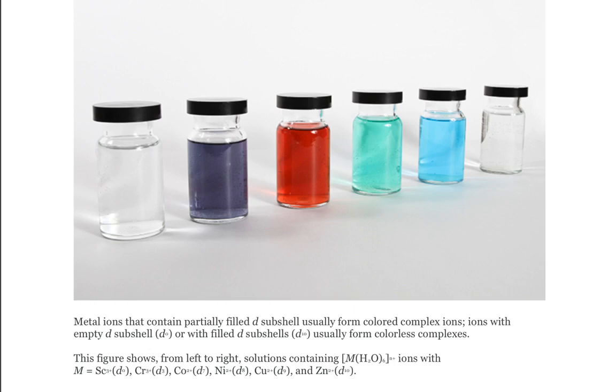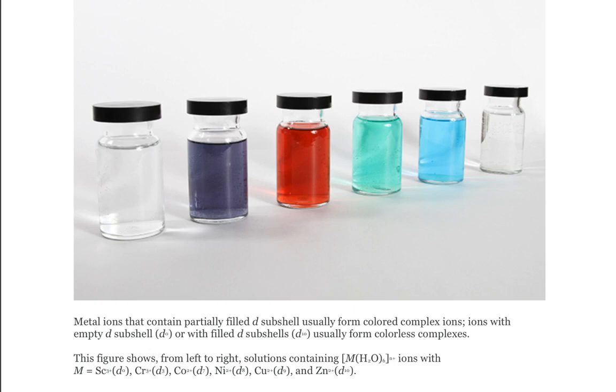So in this figure, from left to right, we have scandium 3+, that's a d0, colorless. No electrons to be moving between the t2g and the eg. Next we have chromium 3+, that's a d3, so we can have movement, it has color.